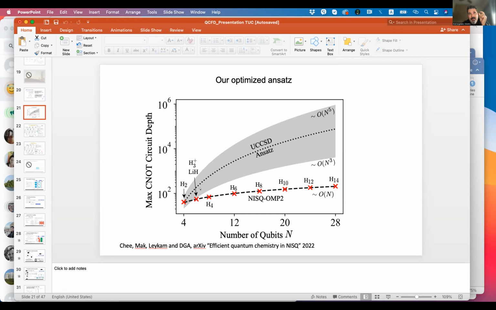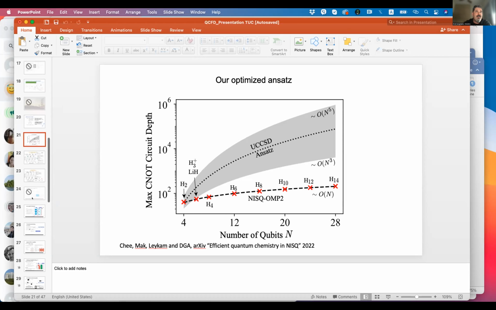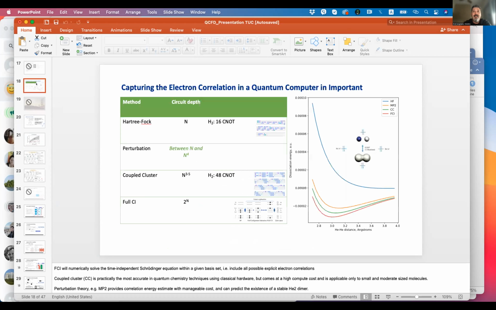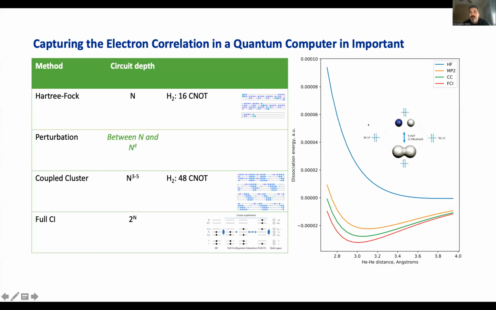What we did was perturbation theory going above Hartree-Fock, not the full UCCSD, but capturing quite a bit of the correlations. We implemented that and saw that it scales linearly. So in this case, the results basically look like this. This is where the Hartree-Fock is. This is no correlations, which is kind of useless, but that's more or less the state of the art for anything more than water.